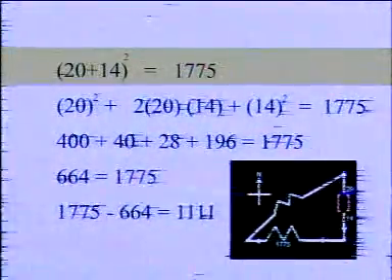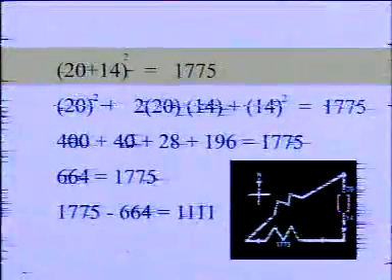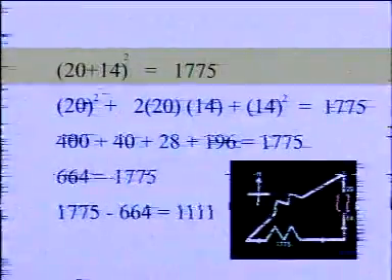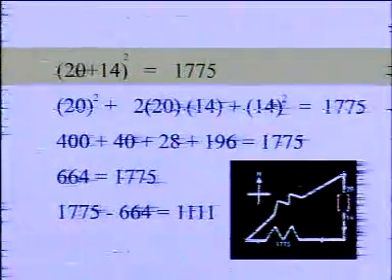In bracket 20 plus 14 bracket square is equal to 1775.